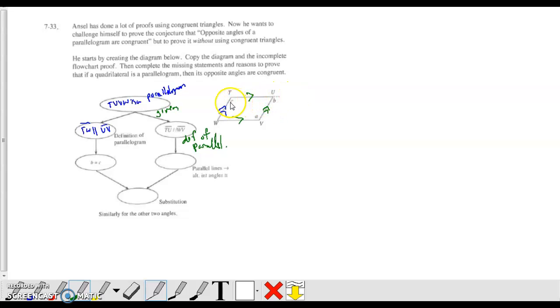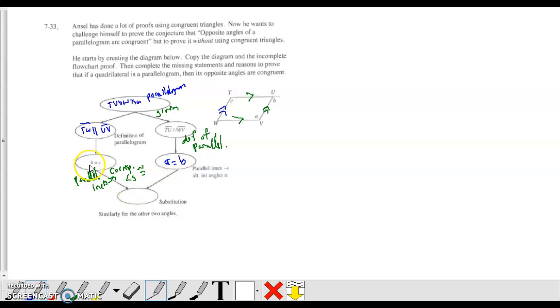Since C and B are equal to each other, these are corresponding angles. So parallel lines lead to corresponding angles being congruent. And this one says parallel lines lead to alternate interior angles, which means these two are equal to each other. So inside I should be writing A is equal to B.